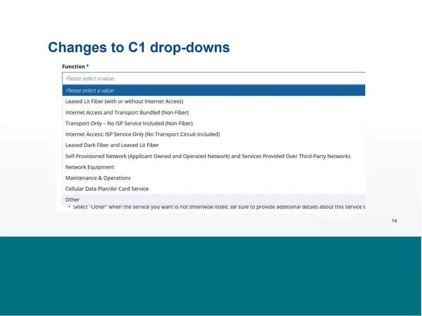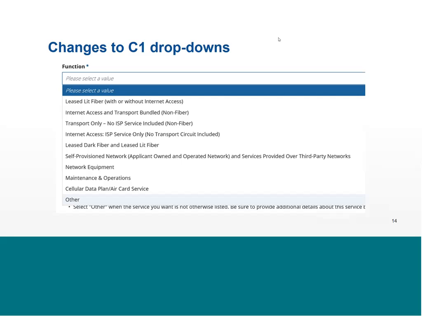you all really don't care how the internet comes to your building. So for all of you, and you will hear me say this when we get closer to talking about the 470 and going out for bid in our E-rate year, you are going to be selecting 2 services. You're going to request lit fiber, with or without internet access, and then you will also request internet access and transport bundles (non-fiber).